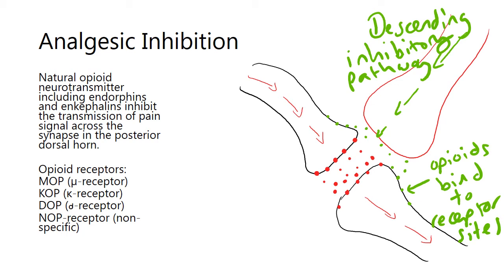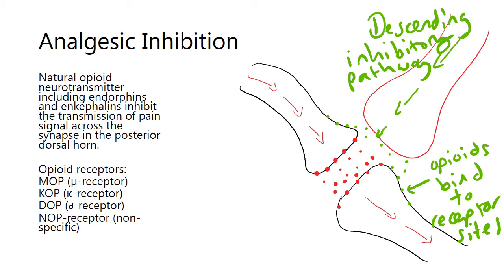That we have our MOP or mu receptor sites, and these are widespread throughout the central nervous system. This includes the cerebral cortex, the basal ganglia, the spinal cord. So these are very widespread, and when we stimulate these receptors with opioid medication, that produces an analgesic effect, but it also produces a wide range of other side effects, such as respiratory depression.